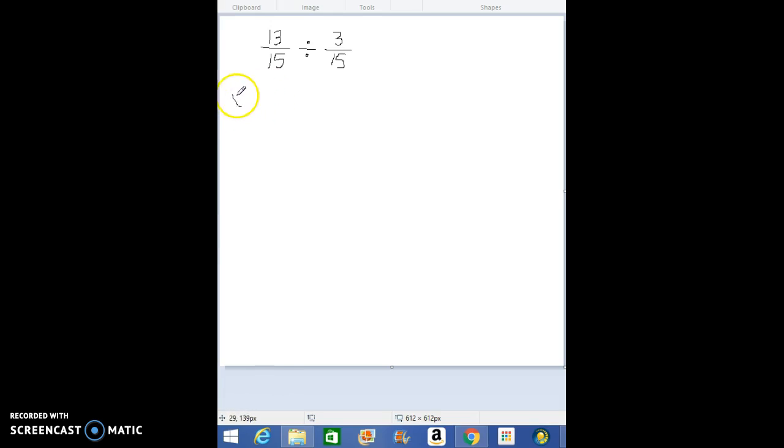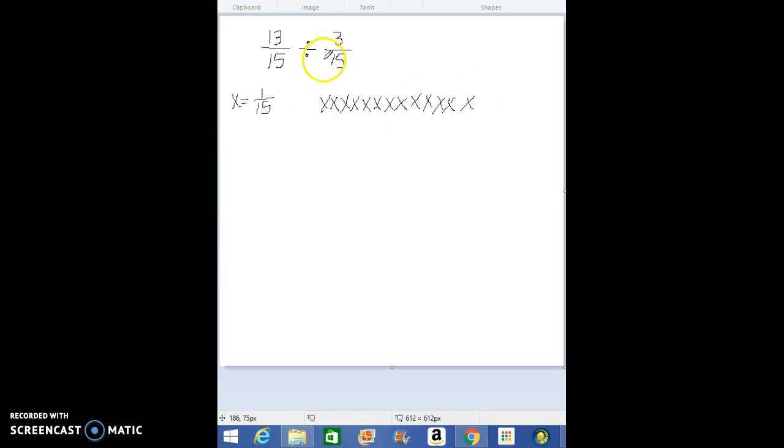I'm going to let each one of my x's, which is just keeping track of the pieces, be a 15th because that's what my fractions tell me they are. So I've got 2, 3, 4, 5, 6, 7, 8, 9, 10, 11, 12, 13.